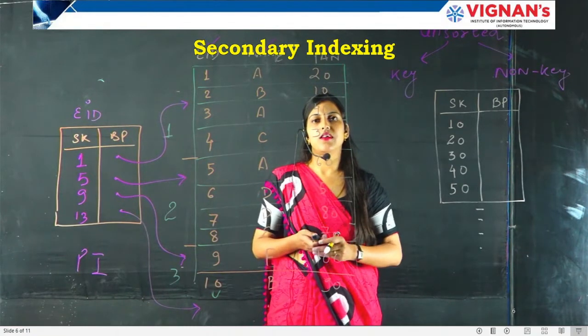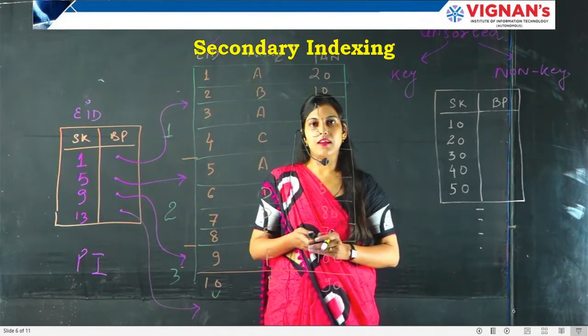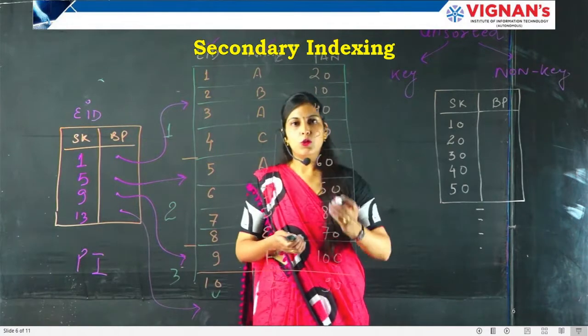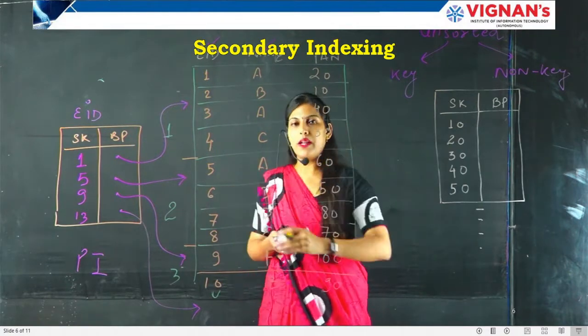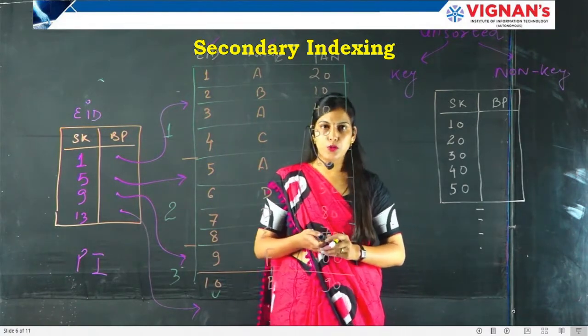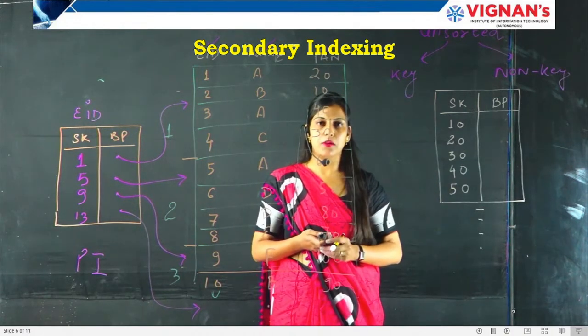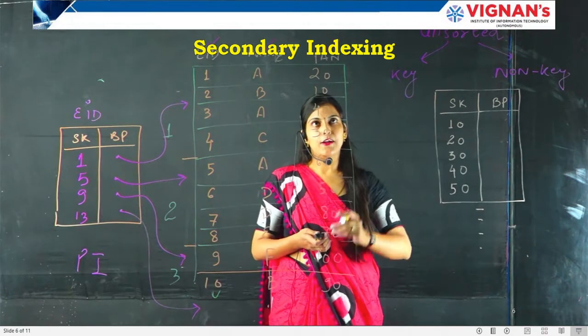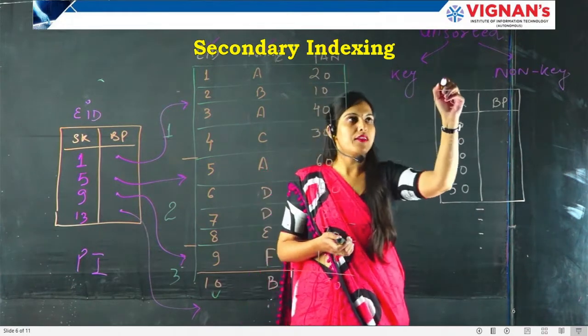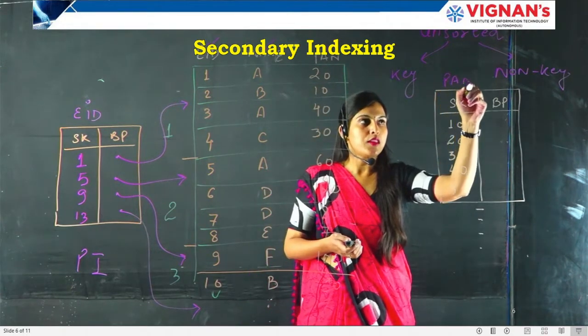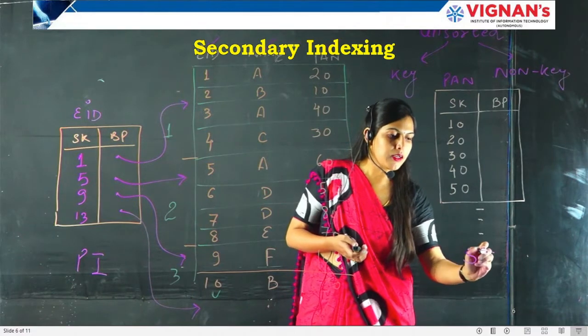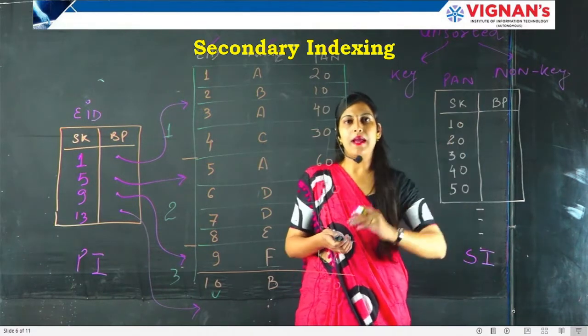If such queries are processed, employee ID is not included, so my primary index file will be of no use. In that case we will create a secondary index table based on the attribute PAN.